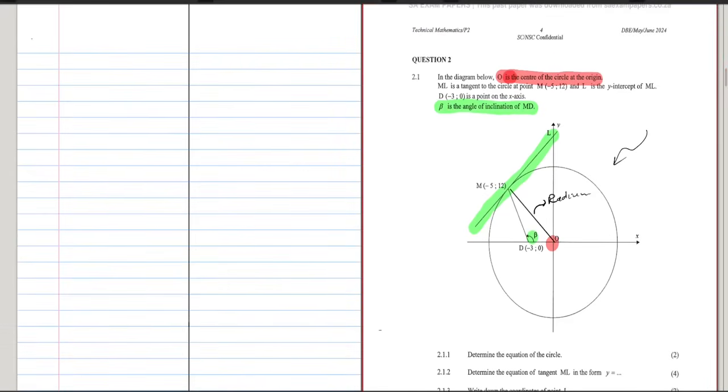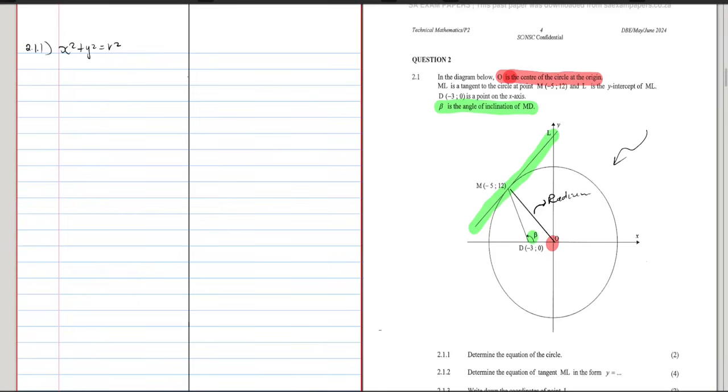For 2.1.1, they want us to find the equation of the circle. Since this is a circle with the center at the origin, we're going to be using this equation: x squared plus y squared equals r squared. So what we have to do is find r, the radius of the circle.